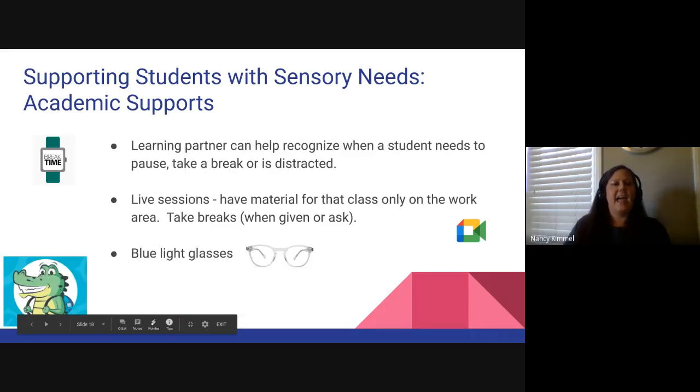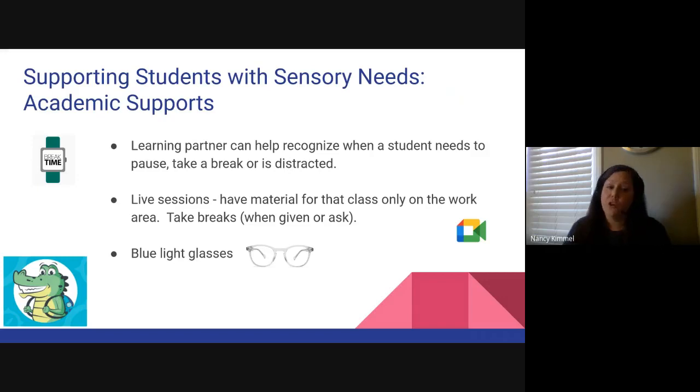Okay. And as Hannah was talking about taking a break, that list of potential things to do is wonderful. And as the learning partner, you can also help recognize when a student needs to pause or take a break or is distracted.